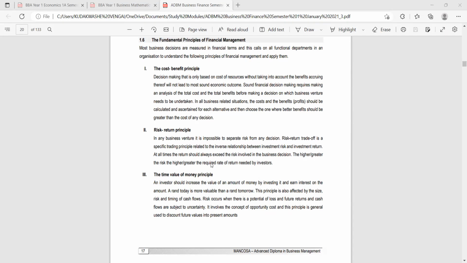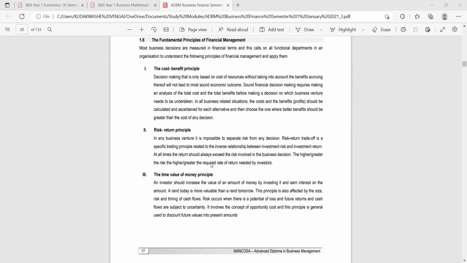So we are saying that whenever you buy an asset within an organization, you have to ask yourself, is this going to be more beneficial than it is going to be a cost? So for example, if you're Mr Price and you're selling clothes, you cannot buy clothes from a clothes manufacturer for 150 rand and then sell them for 100 rand.